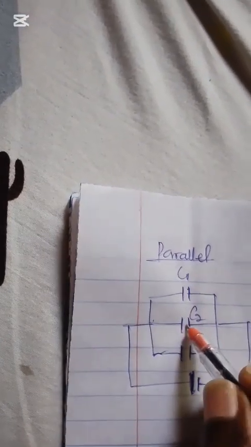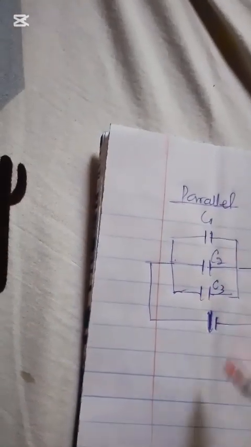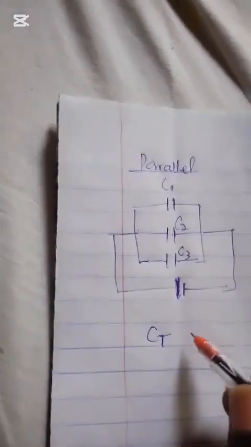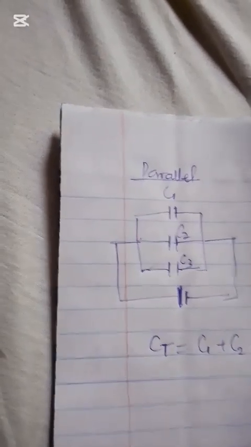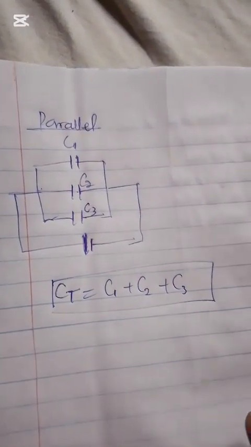The charge in C1 will differ from the charge in C2, and the charge in C2 will differ from the charge in C3, but the voltage is the same. So the total capacitance will be equal to C1 plus C2 plus C3, and so on and so forth. So this is the formula for finding capacitors in parallel.